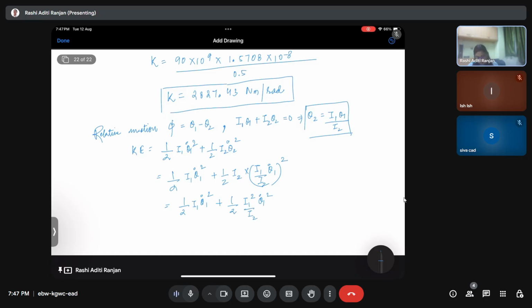This I can write as half theta 1 dot square into I1 plus I1 square by I2.